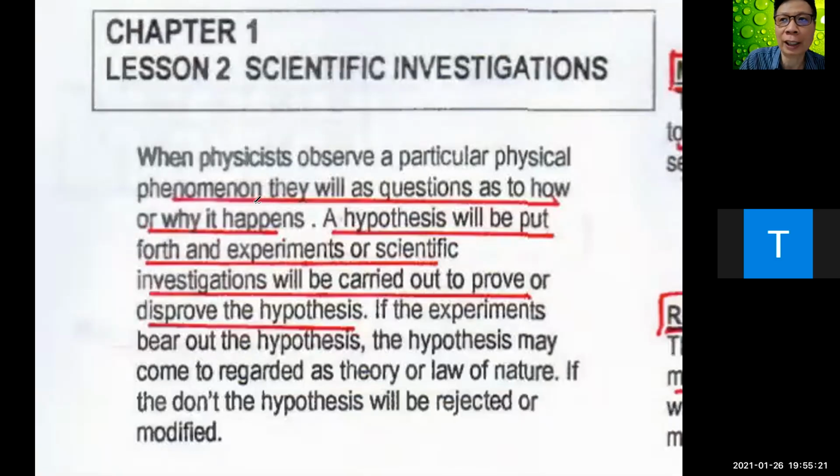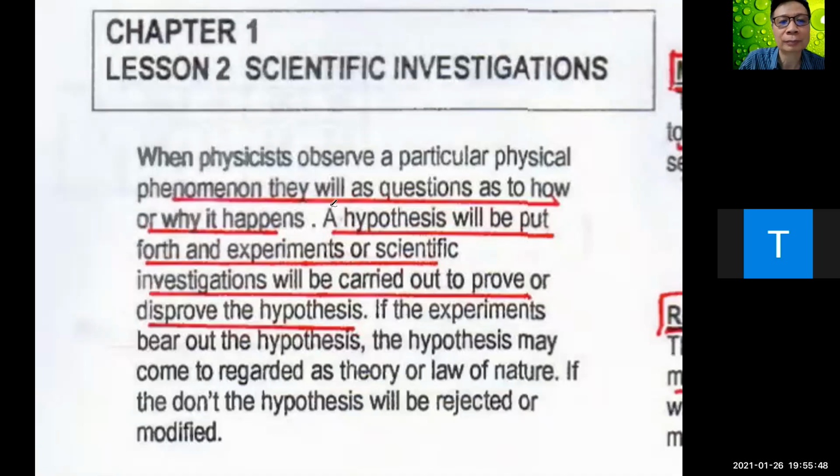When you see something happen, like a rainbow in the sky, you see 7 colors, very beautiful. The first thing in your brain is you ask why? Why is there a rainbow in the sky? When scientists have this question in their mind, they have to do something to prove it.